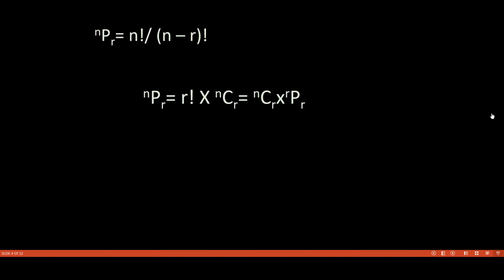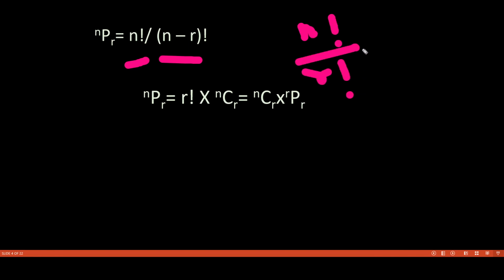So let's see what is nPr. nPr is factorial n divided by factorial n minus r. We know nCr is factorial n divided by factorial r into factorial n minus r, and nPr is factorial n divided by factorial n minus r.